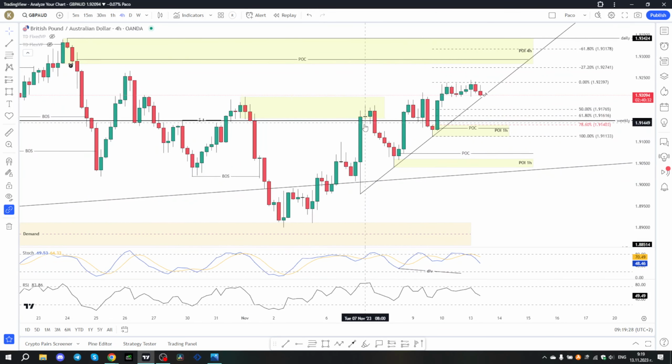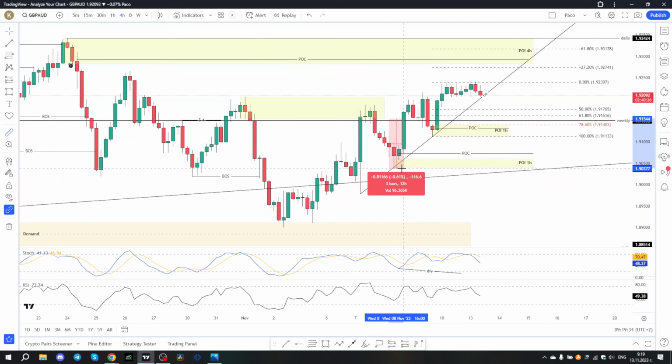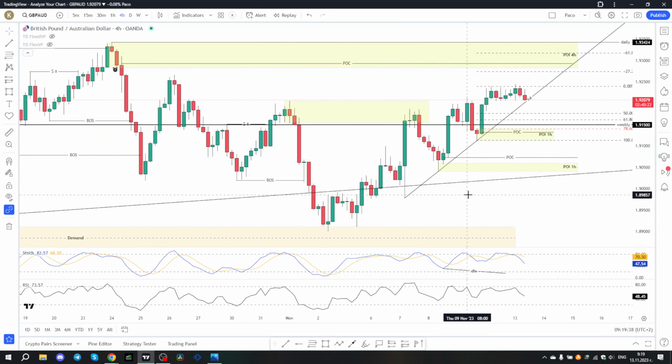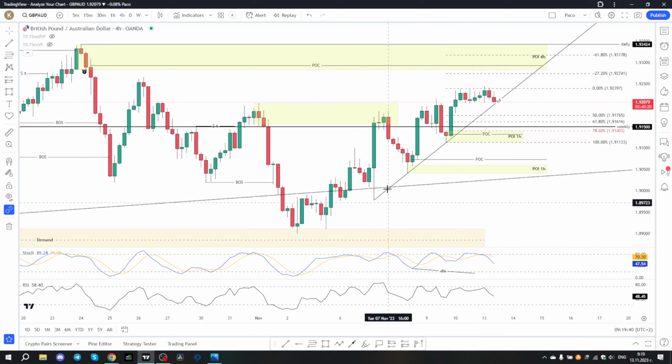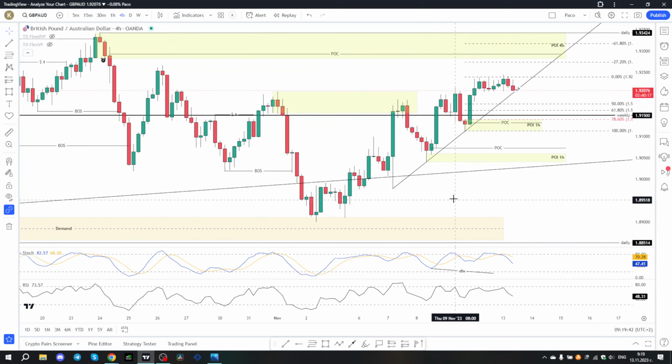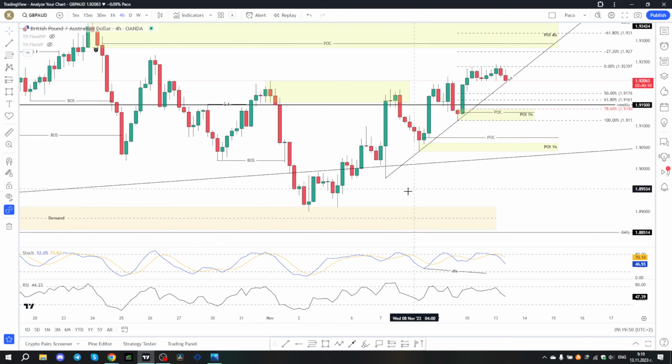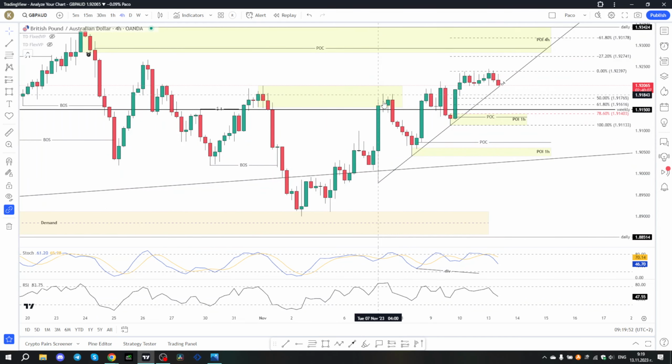As you can see, the price went into this point of interest, and from here it made a very good 110 pips, but with the correlation with euro to Australian dollar, the price started going up. We showed you last week that this is very much possible because of the news for the Australian dollar, the interest rate decision, that the price will reach this point of interest, then to see some pushback.